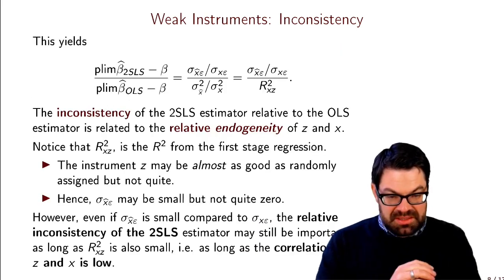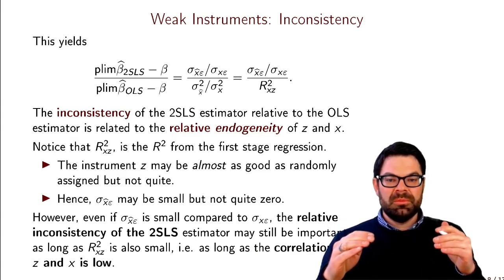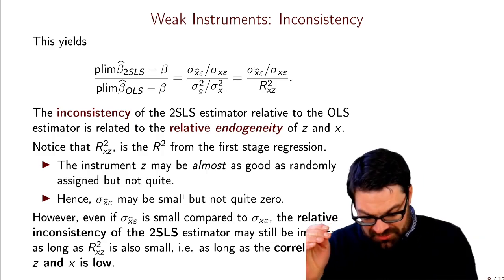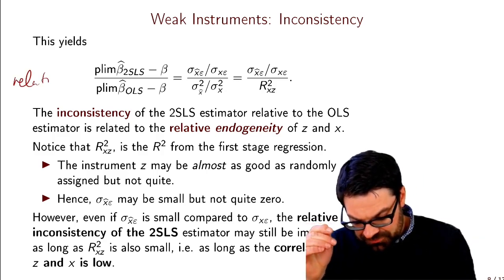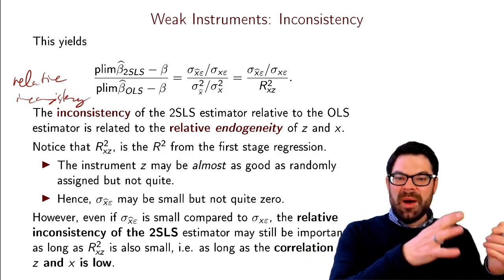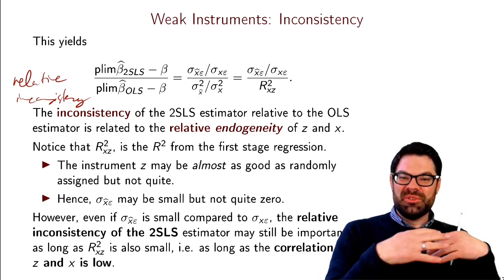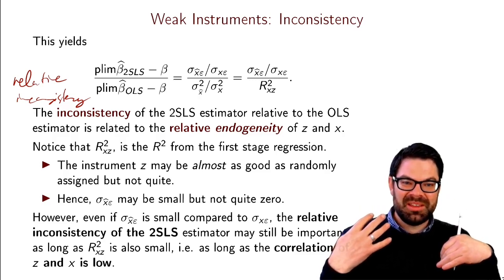So how can we see this? What we do now is we have here the relative inconsistency, which is basically just the two bias terms, one bias term divided by the other, right?